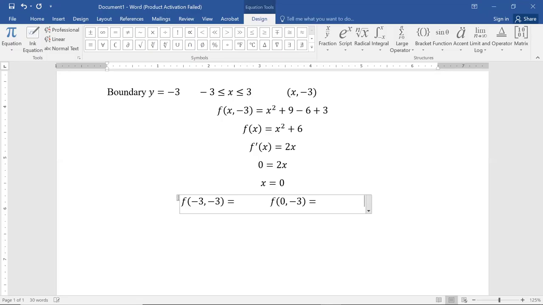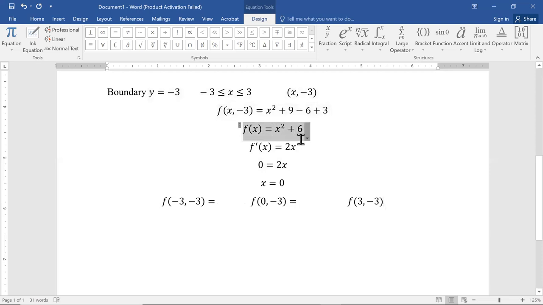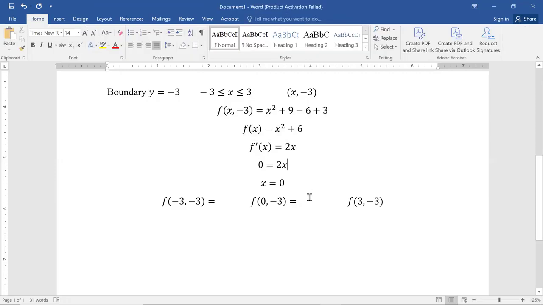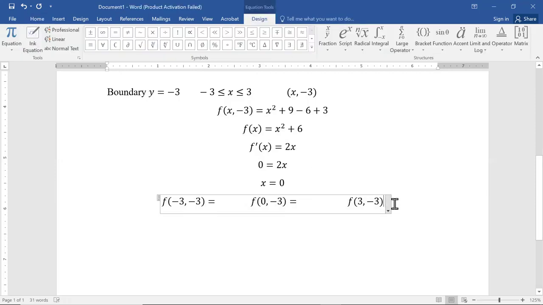And then I'm going to plug in (3, -3). Again, I'm dealing with the endpoints for x along with any critical value in this single variable function. So let's check all three of those.